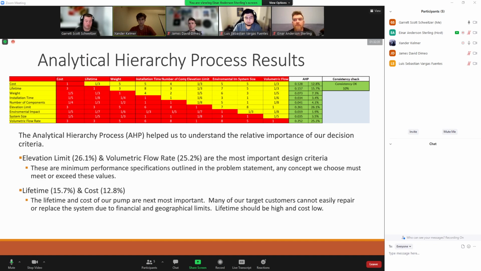Lifetime and cost were both around 15%. This is because lifetime and cost are just the most important non-required design criteria. Our target audience is not going to be easily able to replace or repair this system because of financial or geographical limitations. We can go into this on the next slide.